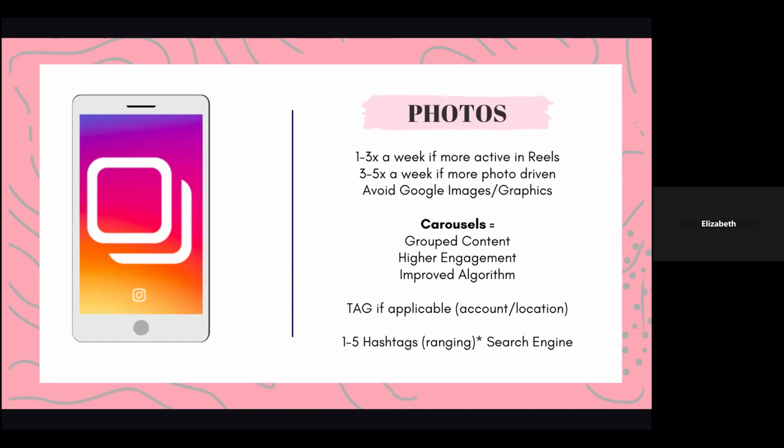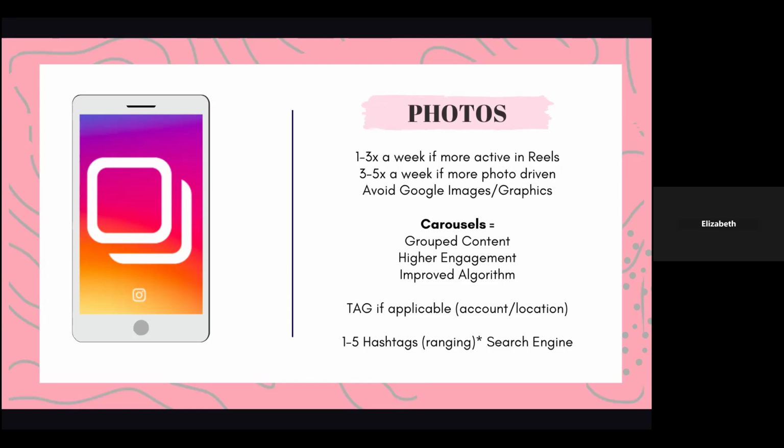It has been shown, and I don't have the statistics, that carousels are a benefit to posting photos. A carousel is when you can scroll to the side to see multiple pictures. The perk of that is having grouped content, posting more than one at a time.